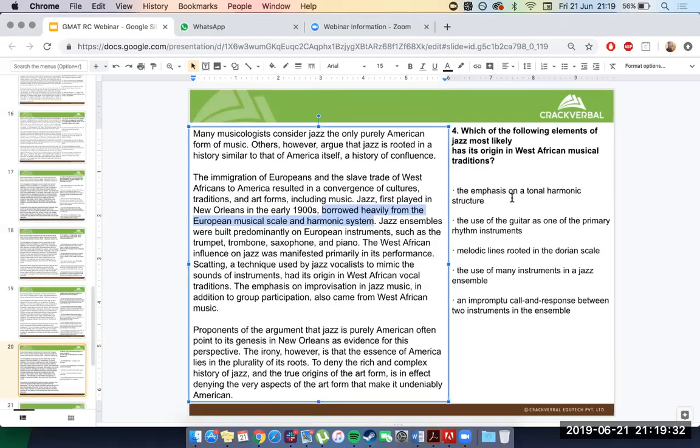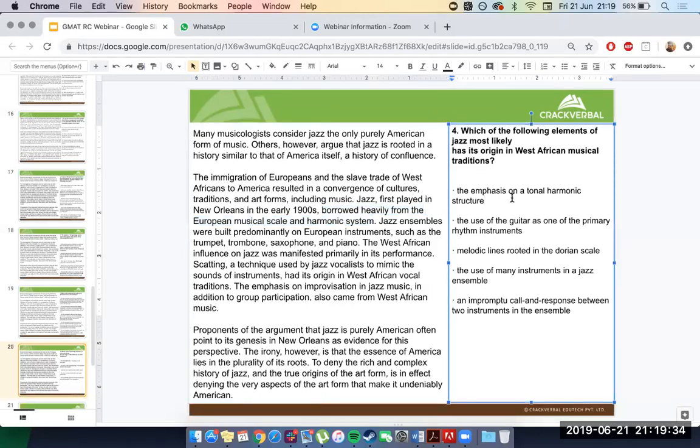That immediately tells us the emphasis on harmonic structure is wrong, not just because it's not a West African one, but also for that reason. It has been described from the European point of view. So we can go ahead and get rid of A, and we can get rid of C.